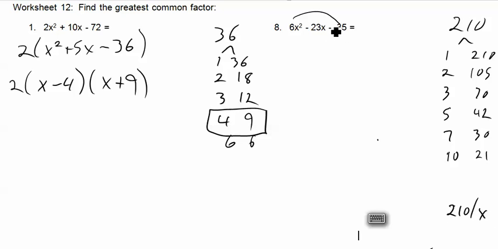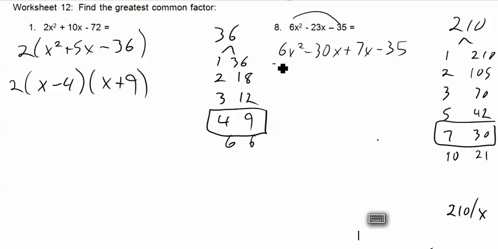We're looking for the 2 that when you subtract them equal 23. Put those two there. We write our 6x squared. We need the larger one to be negative, so we get negative, plus 7x minus 35.